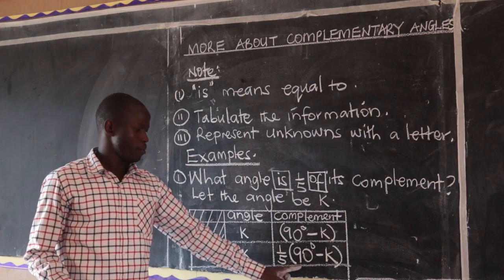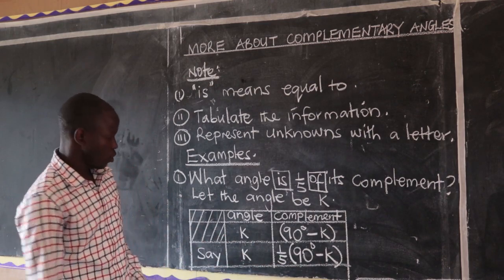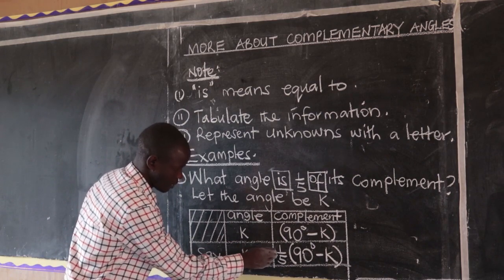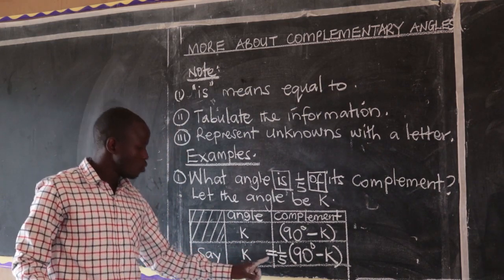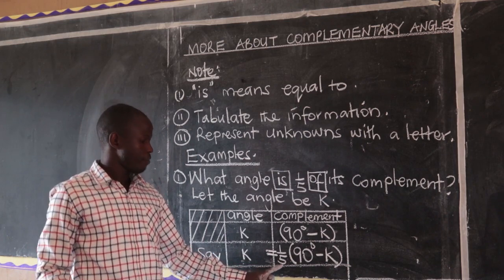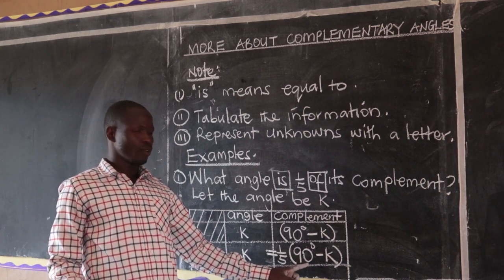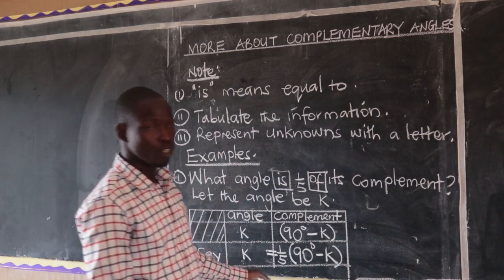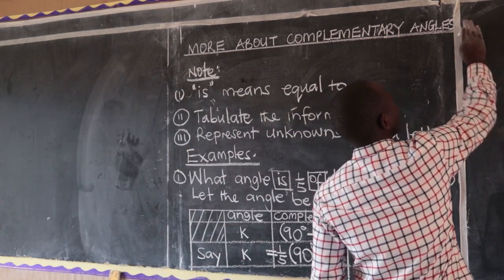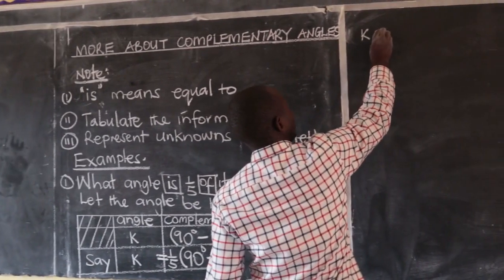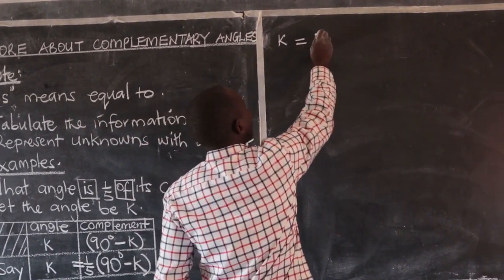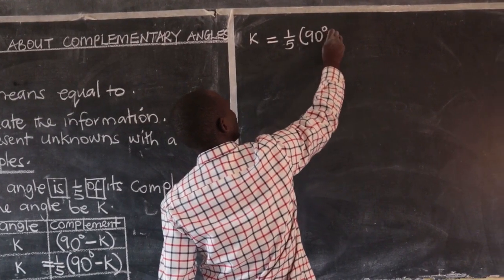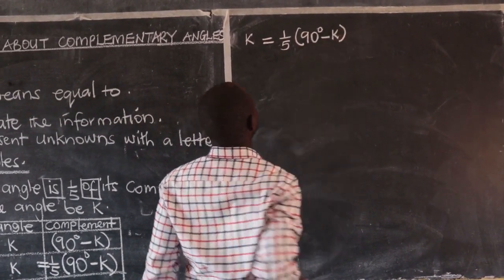So since the two parts are equal, K is equal to a fifth into brackets 90 degrees minus K. So we shall now form our equation as K is equal to a fifth into brackets 90 degrees minus K.